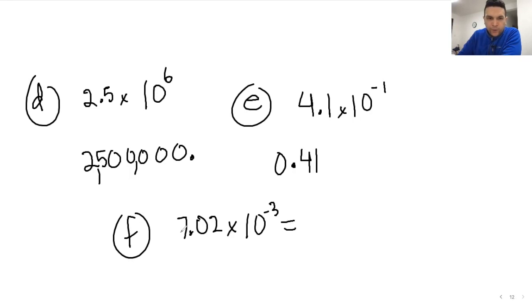So it's going to be 1 for the 7, and then we add 2 zeros, right? 7, 0, 0. And then our number becomes 0.00702. Okay?